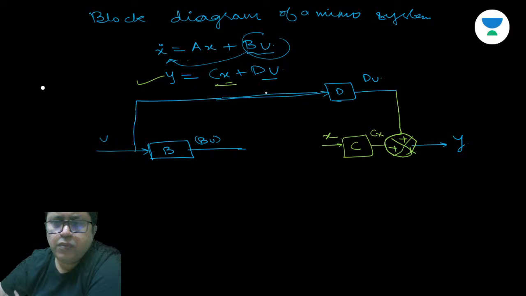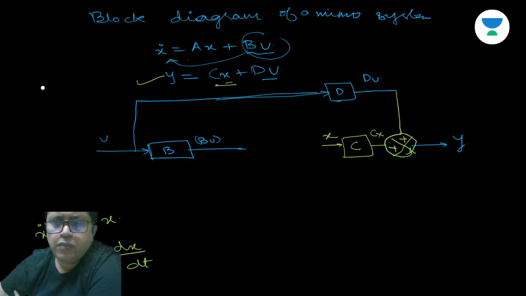Now see here, what is the relation between x dot and x? X dot is the derivative of x.